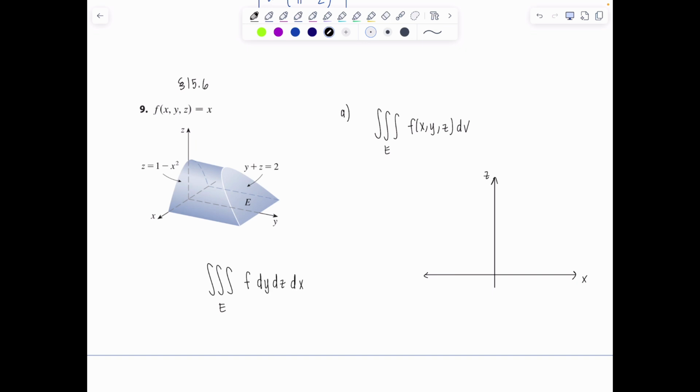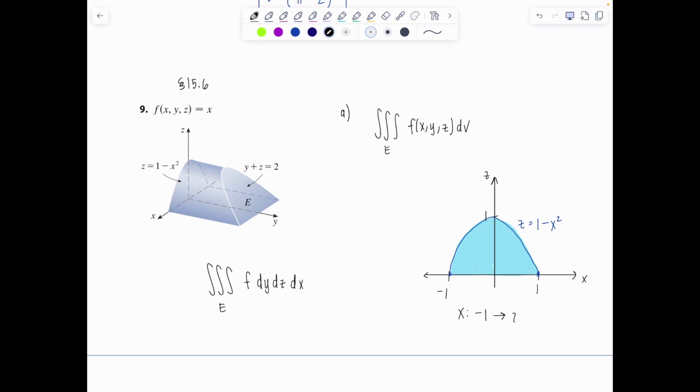So z is 1 minus x squared. And then limits for x are going to be constant. So x goes from negative 1 to 1. Very good.